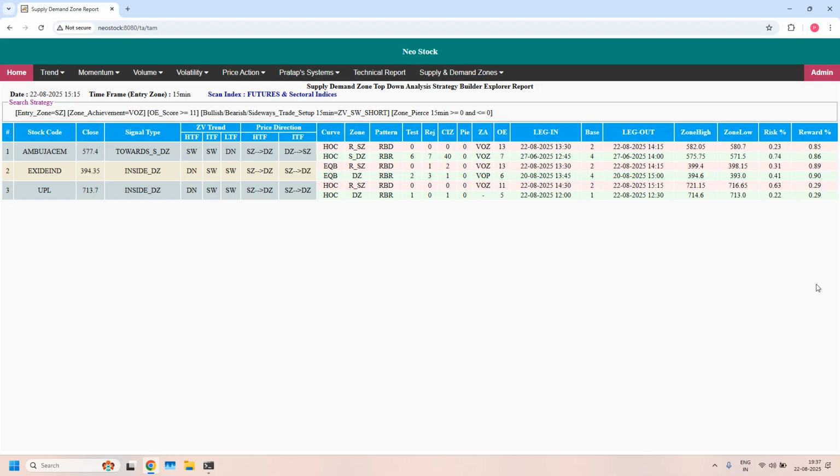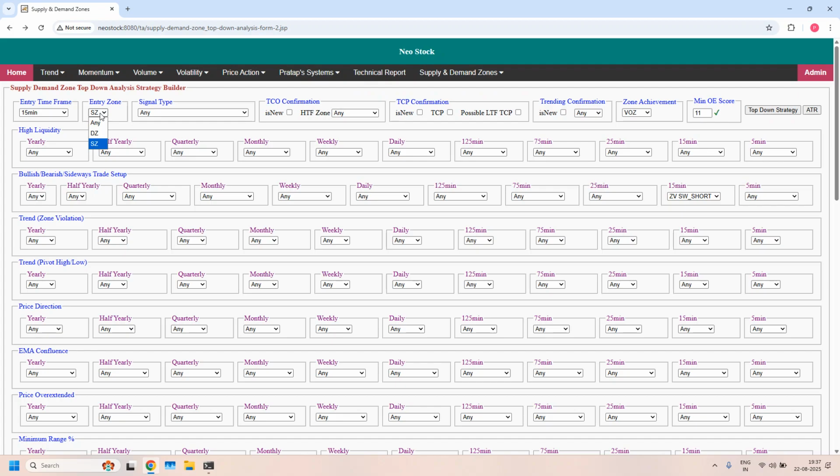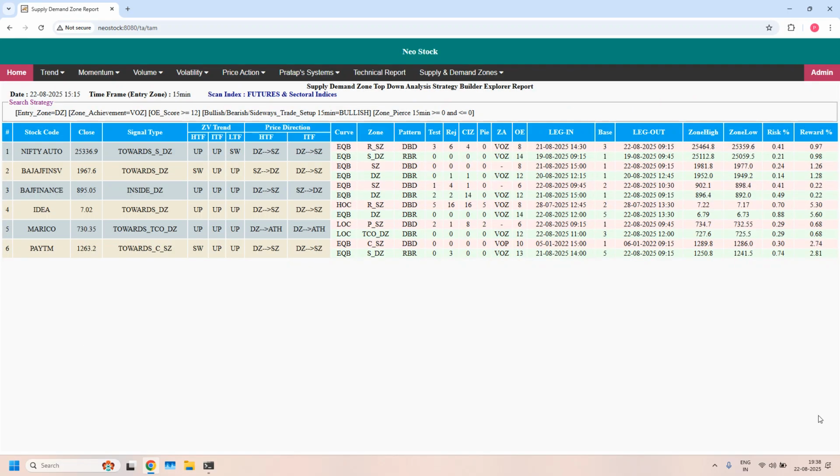Okay, next let us filter bullish trade setup for daily income trade. So here the changes are 15 minutes demand zone, here bullish, and also minimum odd enhancer score should be 12. Let's filter. We got 6 stocks supporting bullish trade setup for daily income trade, and entry time frame zones are 15 minutes demand zones.